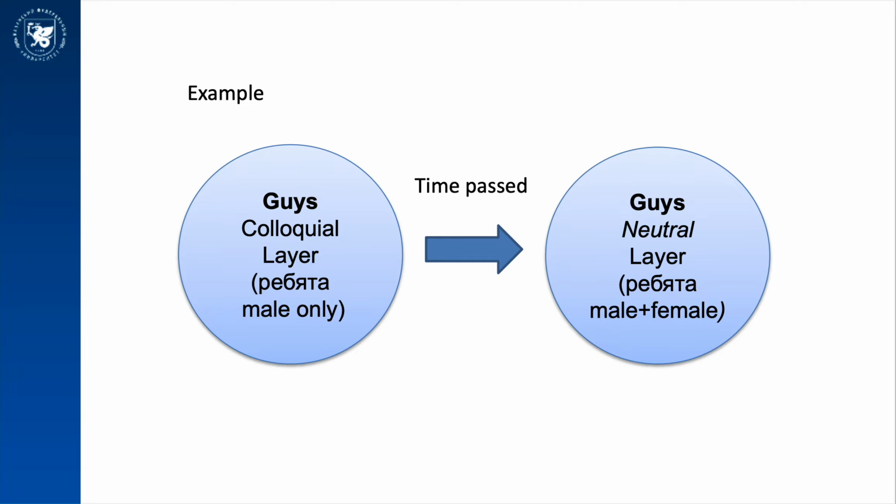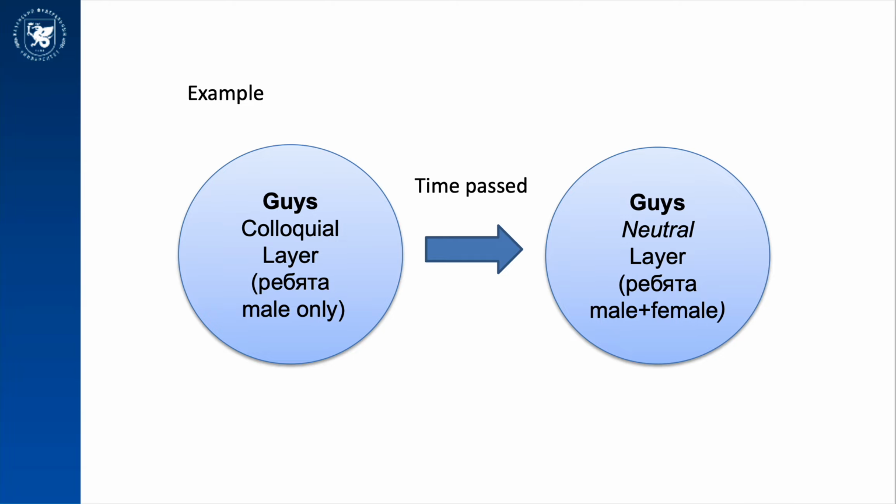And one more important point to share with you. You understand that sometimes a lot of trends pass and change. And because of that, some words change their layers, they penetrate into other ones. For example, the word "guys".